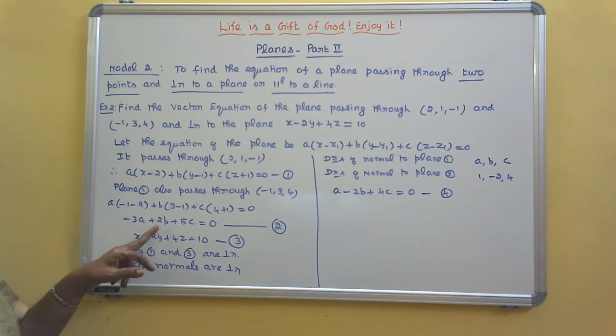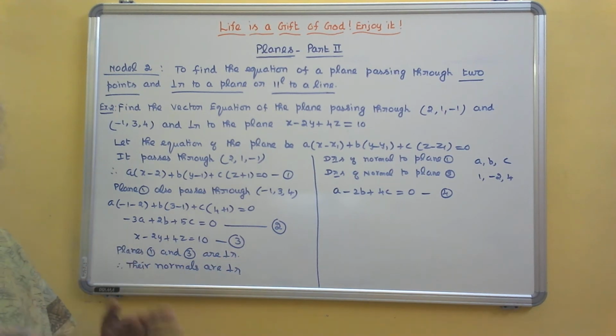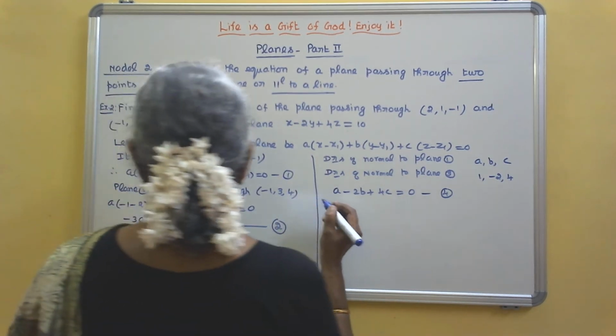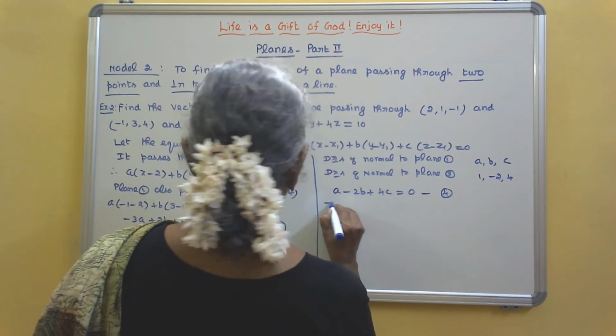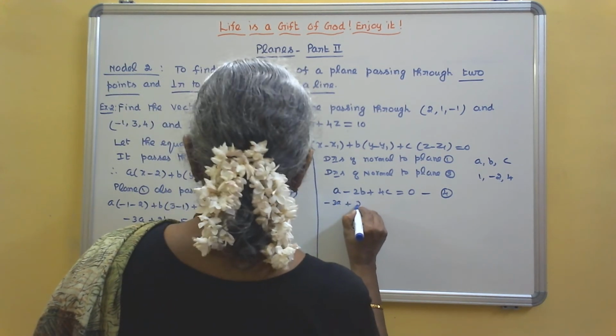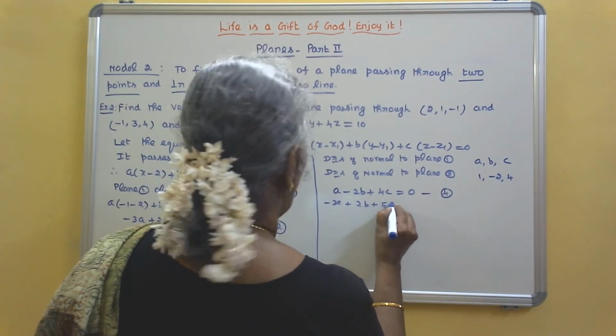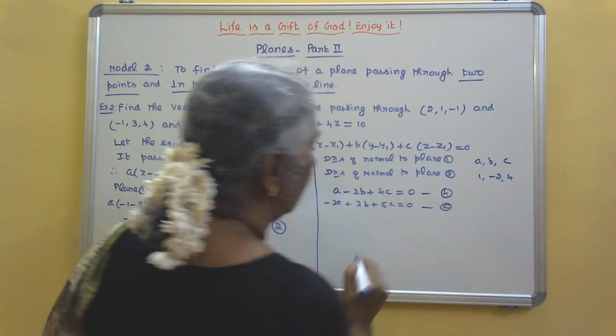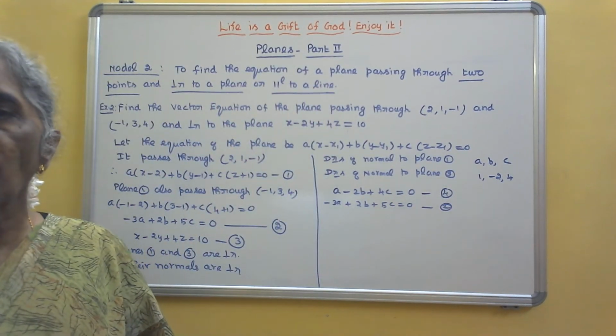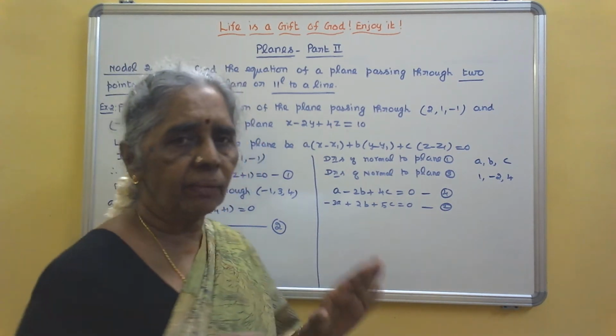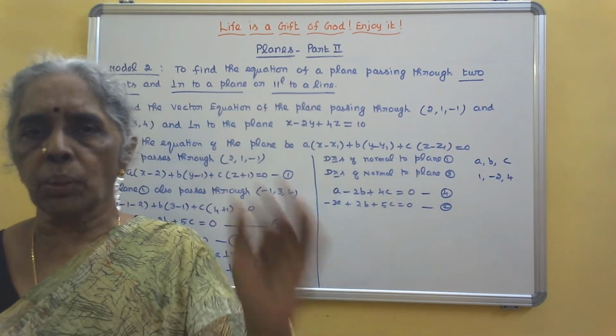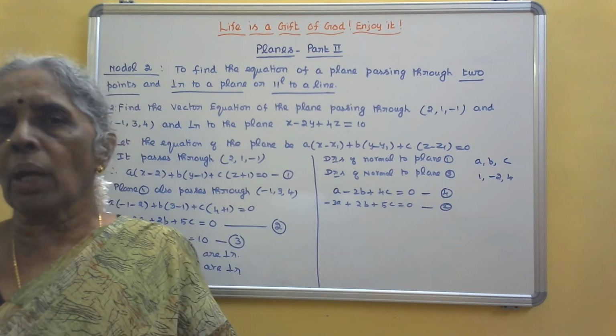So now 2 and 4 are the two equations. Let me write the 2 also here. That is minus 3a plus 2b plus 5c is equal to 0. Now let me apply the rule of cross multiplication. Whenever you get 3 unknowns and 2 equations, this is the rule you have to apply.